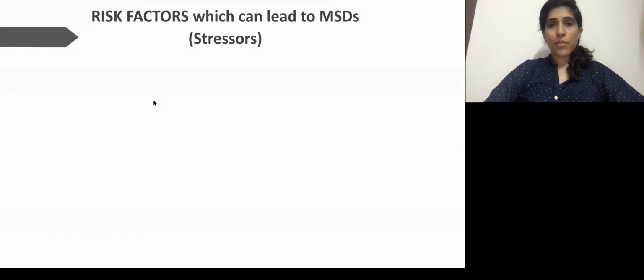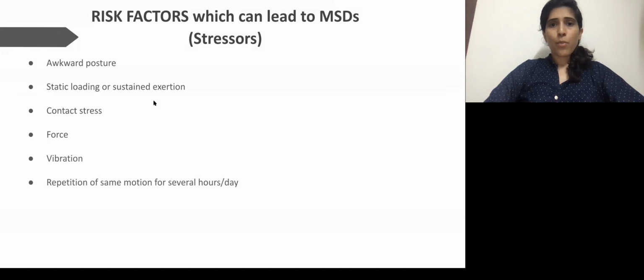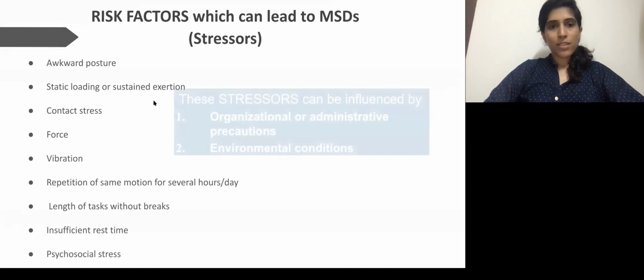So what are the risk factors which can lead to MSD? Awkward posture or sustained exertion, contact stresses, forces, vibration, repetition of the same motion, length of task without taking a break, insufficient rest time, and psychological stress.